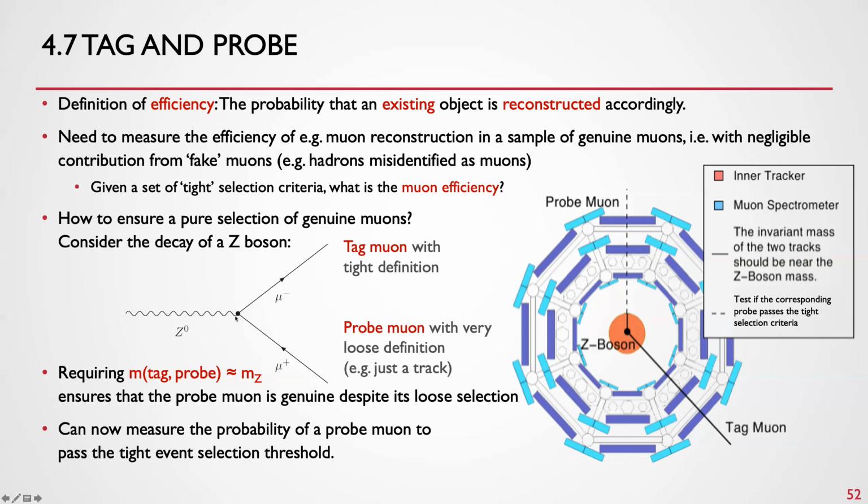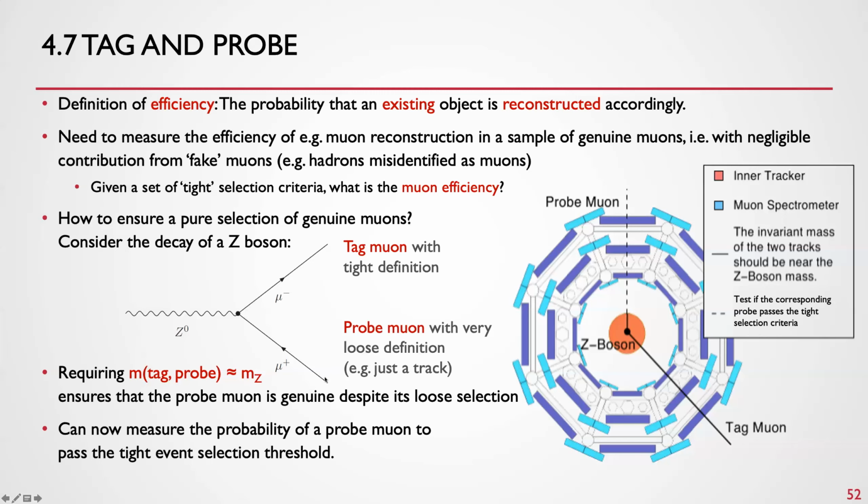And then we know enough that if this loosely reconstructed muon that has low quality forms the Z boson mass together with the other candidate, then we know for a fact that the second candidate is a true muon, irrespective of how we reconstruct it.